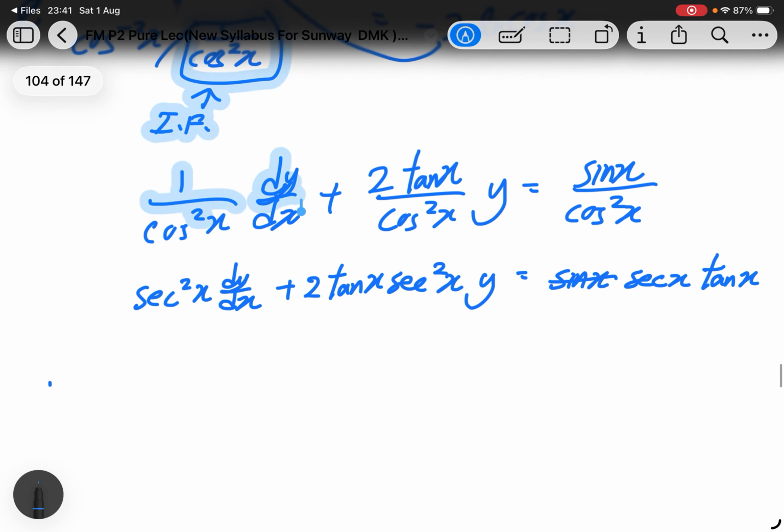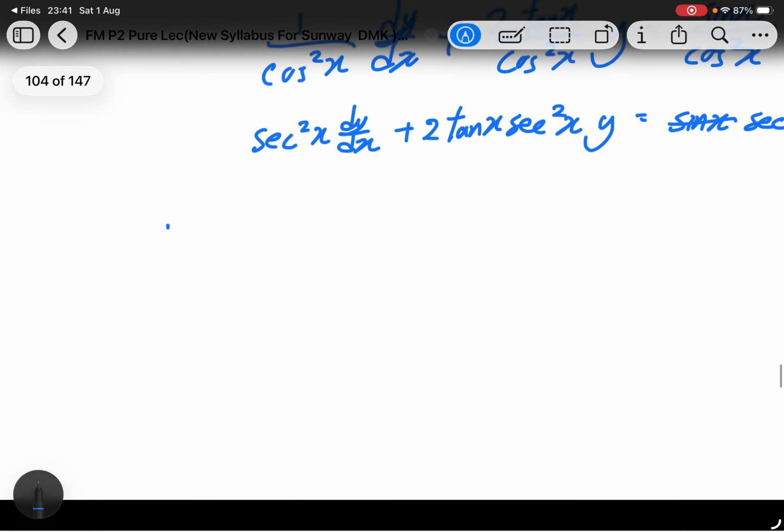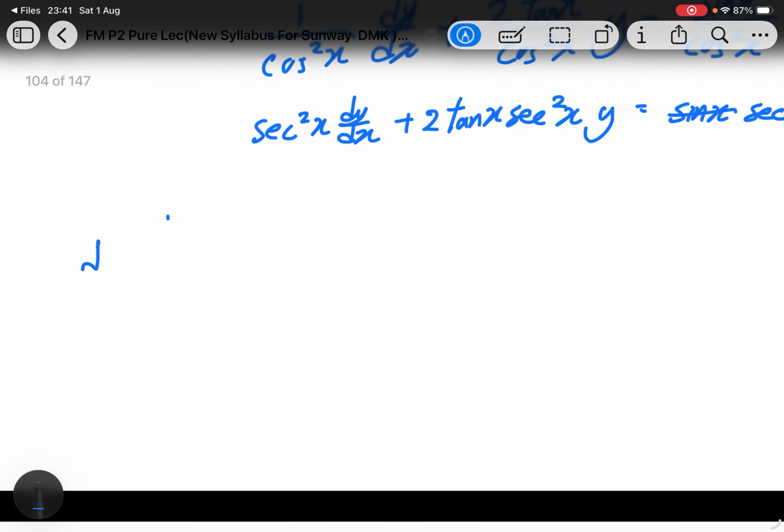Now this is the interesting part. If I differentiate sec squared x times y, let's just use the product rule.